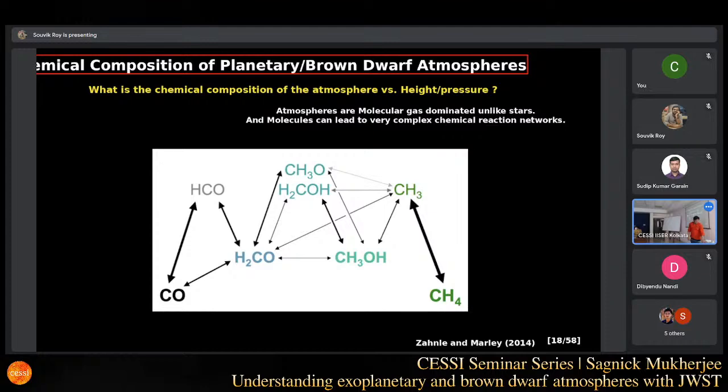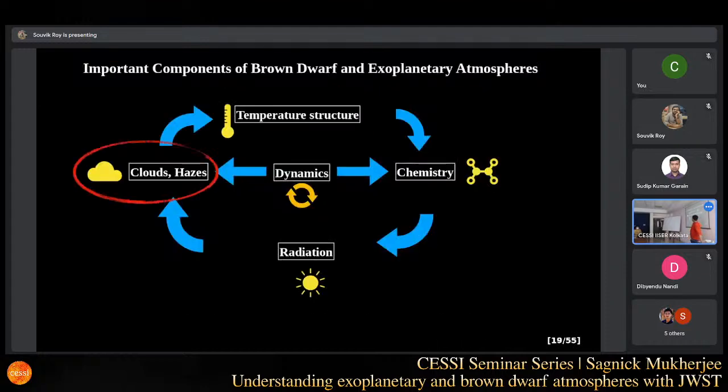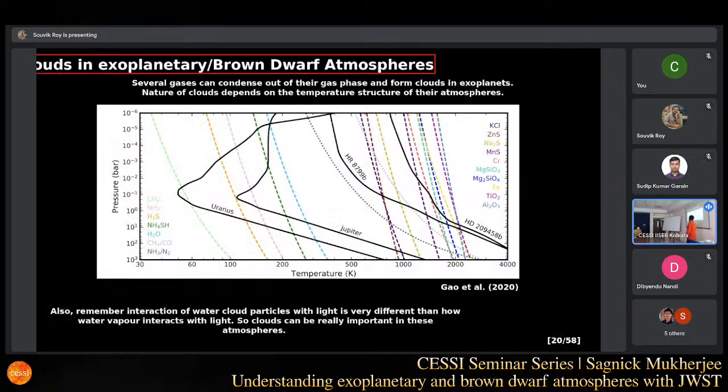Okay. Now let's move on to clouds. Clouds always intrigue me because there is so much diversity of clouds. On Earth, whenever we say clouds, we think of this white, fluffy water cloud. But even in our solar system, Jupiter has clouds made up of ammonia, Venus has clouds made up of sulfuric acid, Uranus has clouds made up of, again, methane.